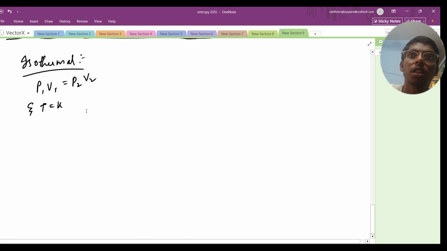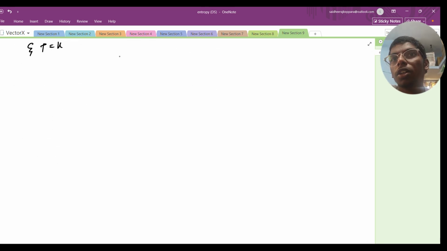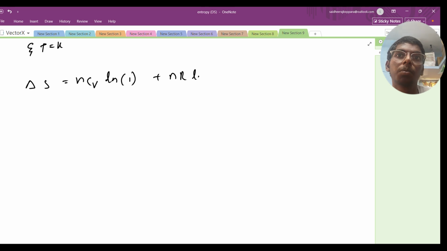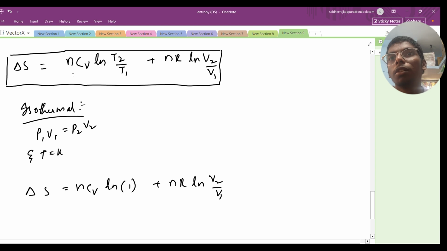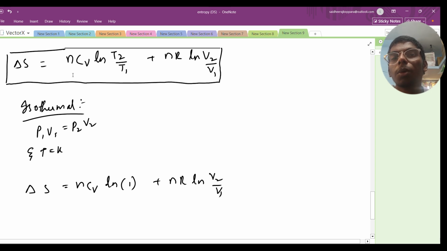Just substitute it here. Then what will you get? Delta S equals nCv ln 1 plus nR ln V2 by V1, right? Why is it ln 1? Because both temperatures are the same, as it's an isothermal process.